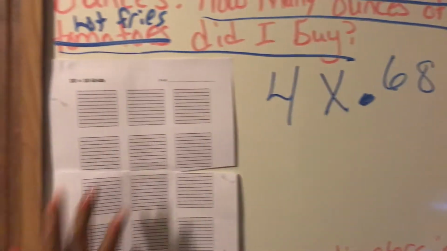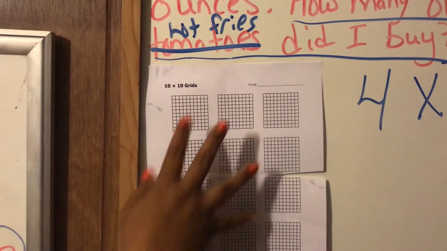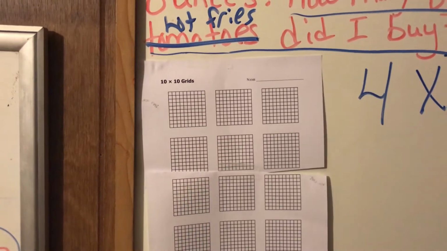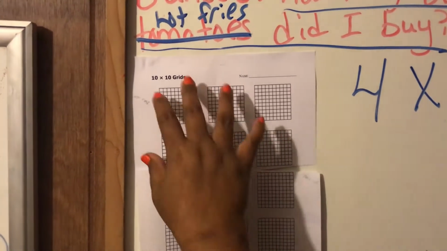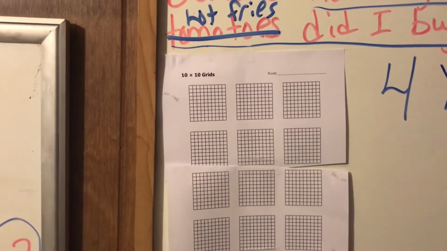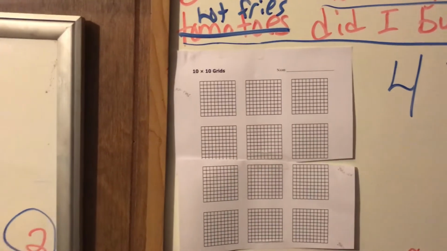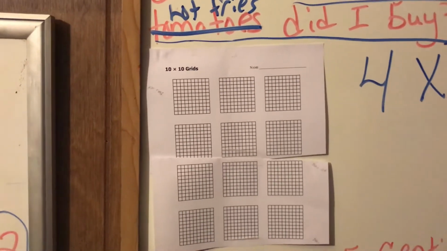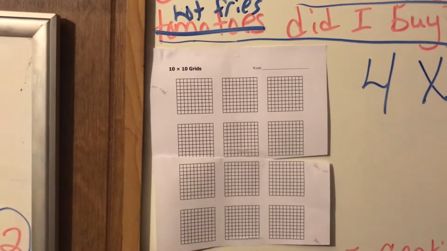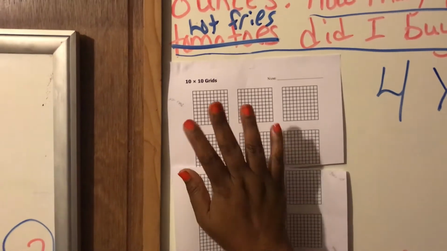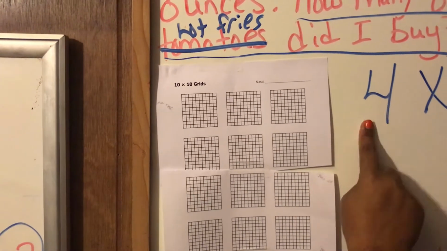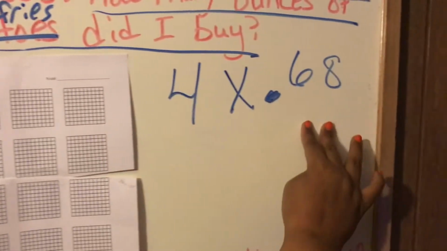Let's begin. We're going to use our 10 by 10 grids. You know in the classroom I don't give you the grids. I want you to empower yourself by creating the grids yourself, knowing how to create a 10 by 10 grid. And you guys are remarkable at creating your own 10 by 10 grids. But Miss Sims is cheating a little bit, so don't get mad at me. Again, we need 4 groups of 68 hundredths.